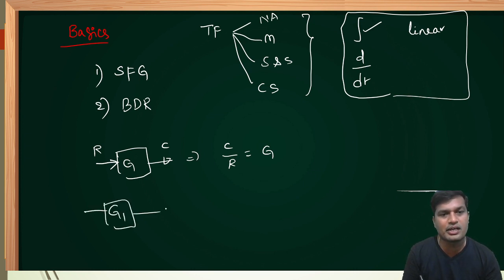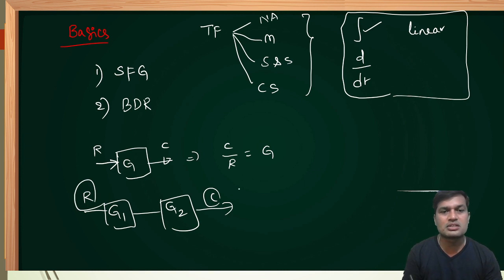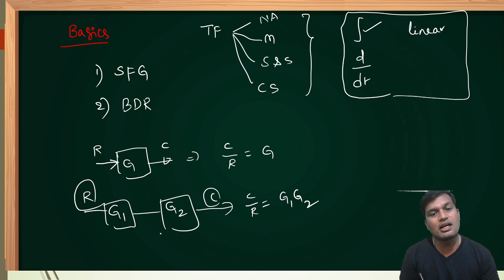Let's say one block gain is G1, another block gain is G2, and this is output, this is input. Right now, how to determine transfer function between cause and effect or output and input? As these two blocks are in cascade, transfer function is C by R equal to G1 times G2. That means calculation of transfer function is still simple even though there are two blocks connected.